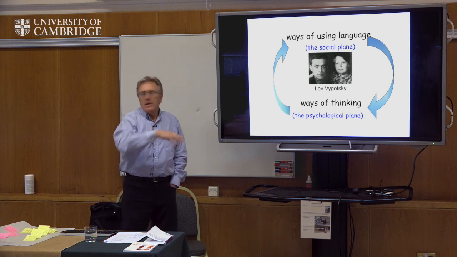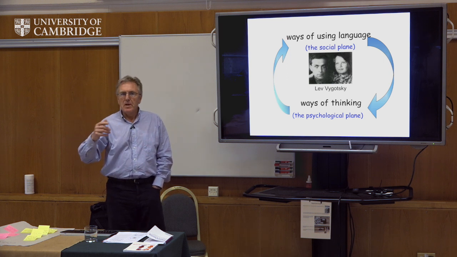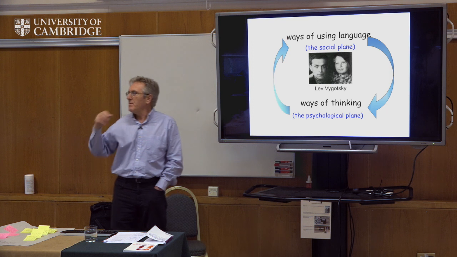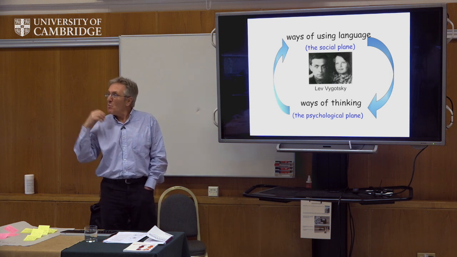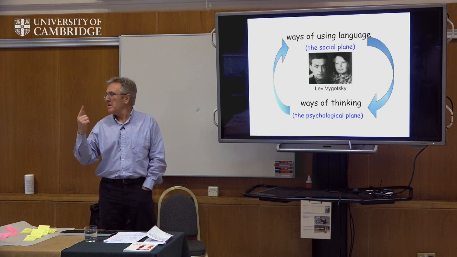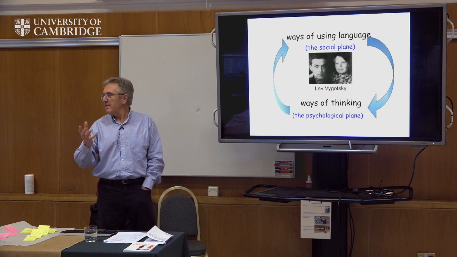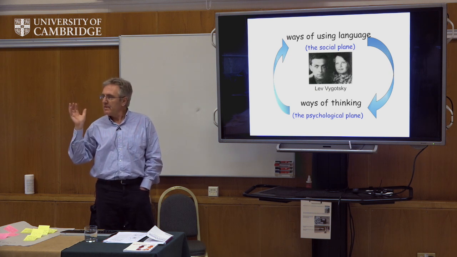I mean, in this very university, Newton was here, wasn't he? And he had the theory of gravity. But his ideas about gravity weren't science until he got at least one other person to understand what he was on about. Okay? It only becomes science when a community of people understand it. Locked into his head, it wasn't science.